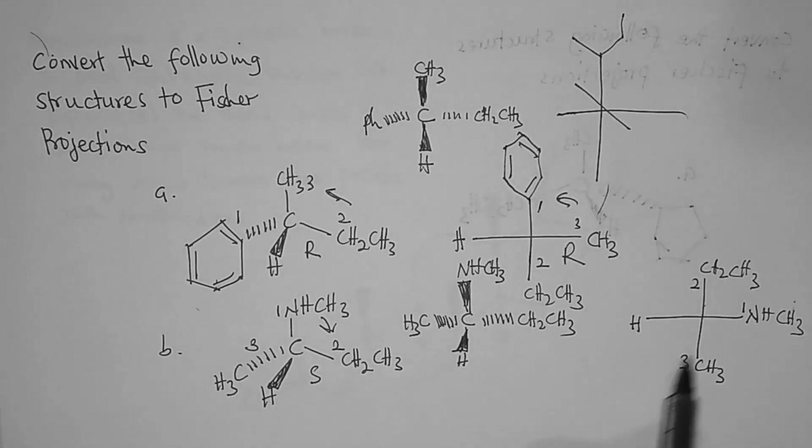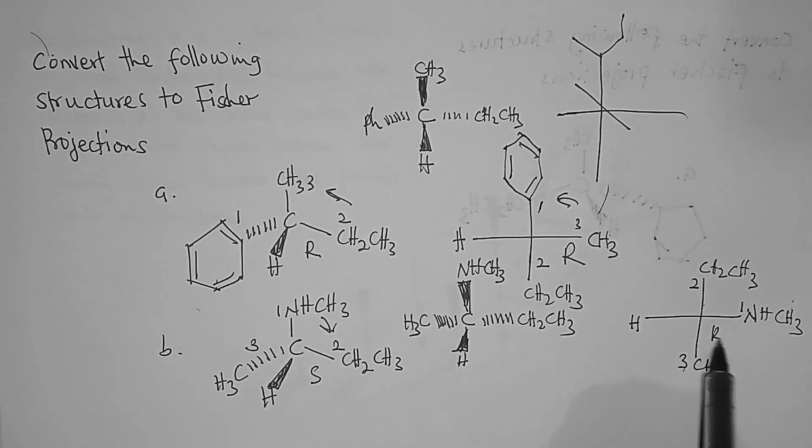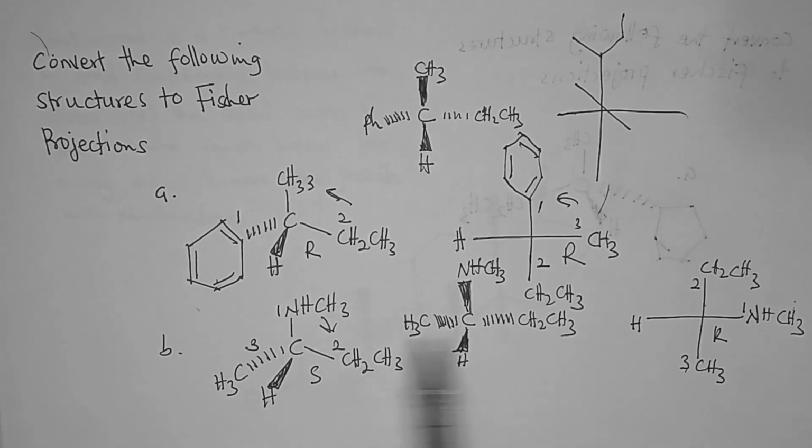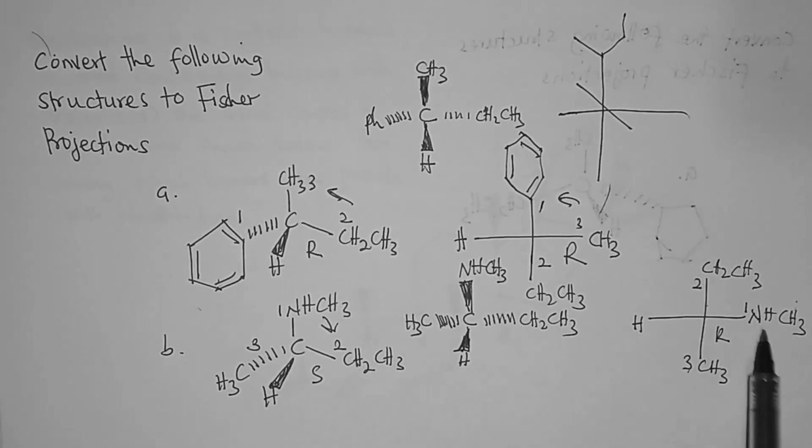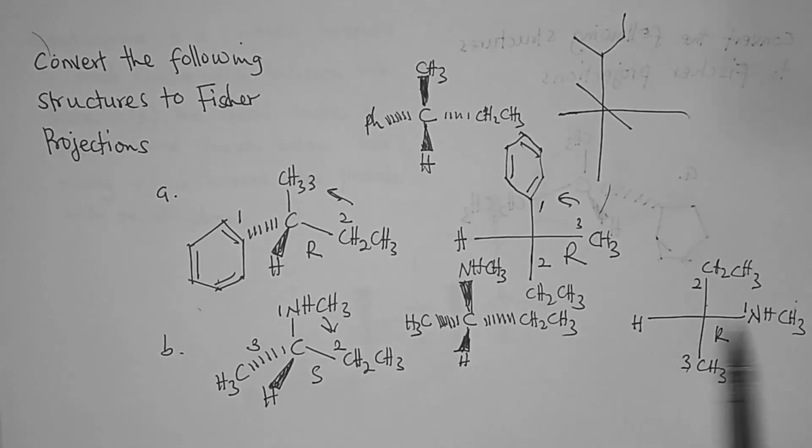The proton is pointing towards us, and this is an R. But because we are converting to a Fischer projection, we must not lose the configuration, and therefore we need to do something about this molecule to turn it into an S. So let me flip the proton and then the NHCH3 group. When we do that, we will alter the configuration. So I'm going to draw this.